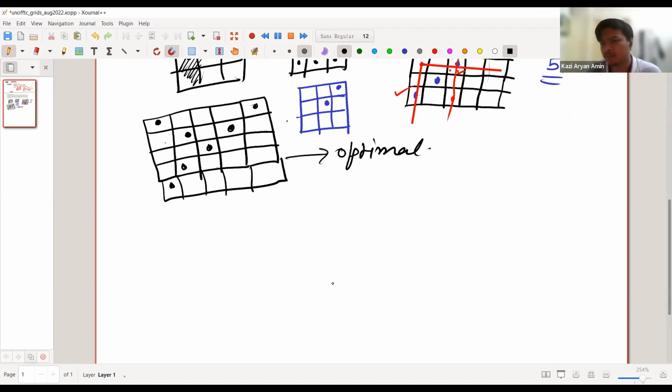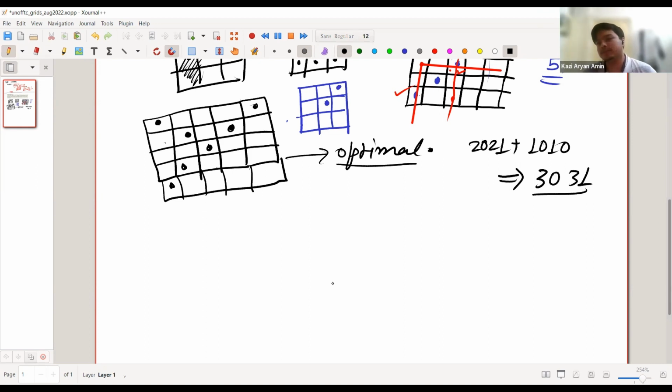So I'm interested in the proof of this bound. Can anyone suggest how we can try to prove the bound? This guarantees 2021 plus 1010, so this is 3031 cells.